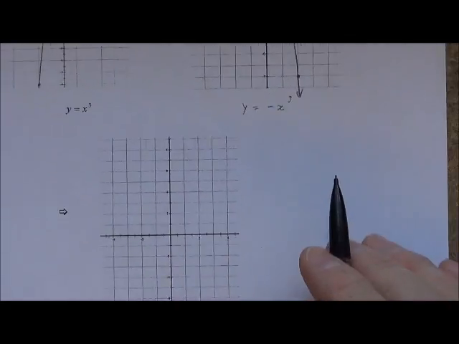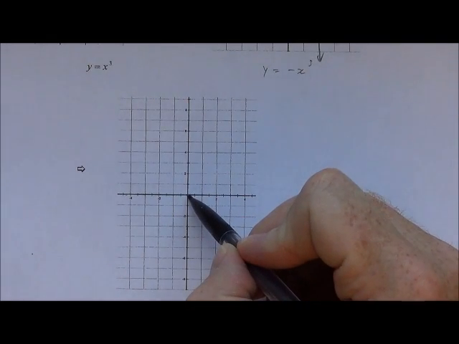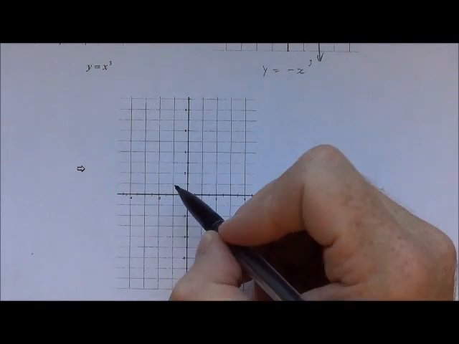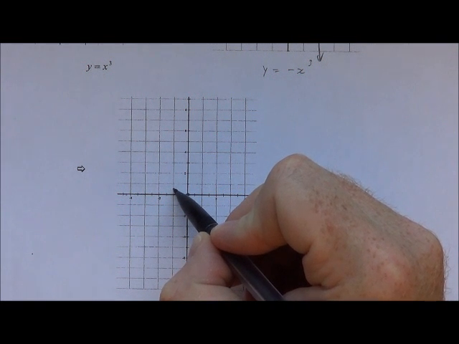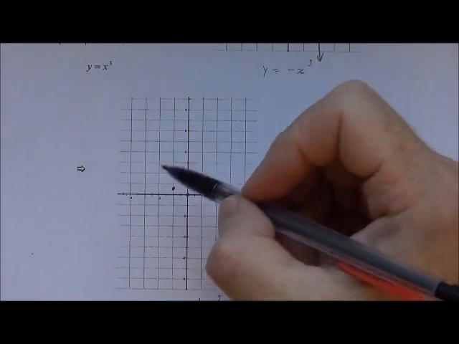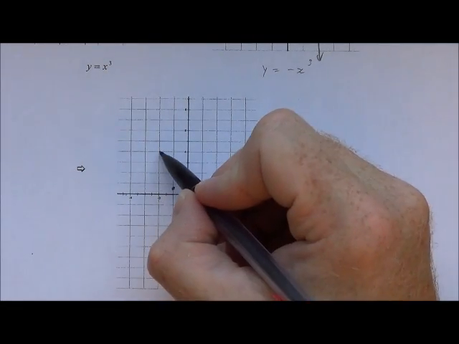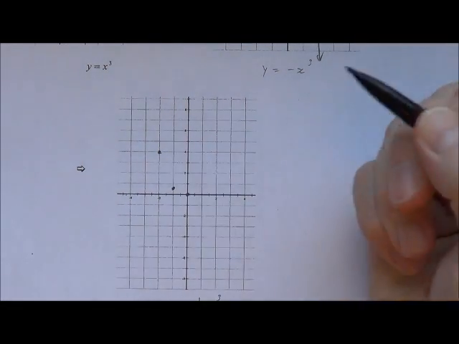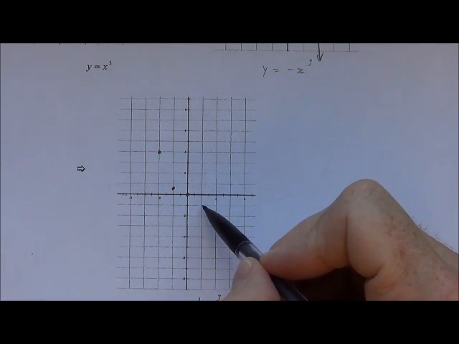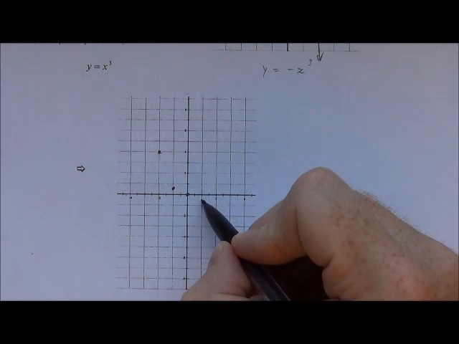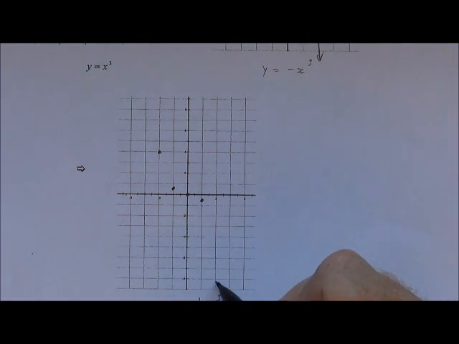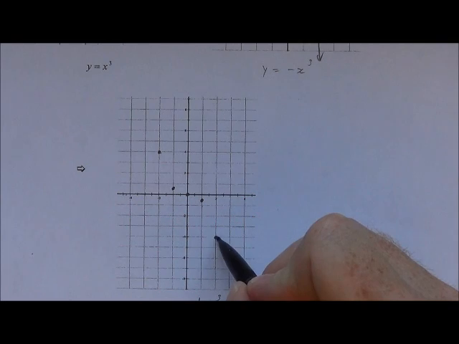Okay, so obviously the point 0, 0 stays where it is. The point at -1, 1 becomes -1, 1/2, and the point at -2, 8 becomes -2, 4. Then over on the right side of the vertex, the point at 1, -1 becomes 1, -1/2, and 2, -8 becomes 2, -4.